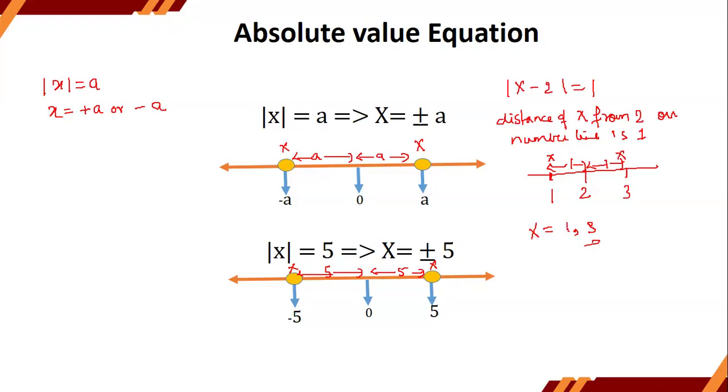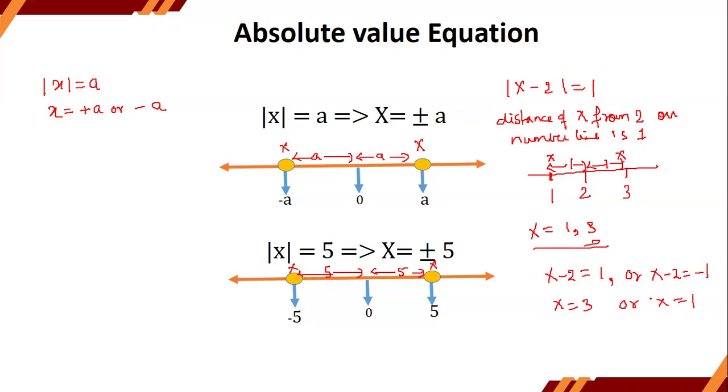Though we know the formula, if we solve this using the formula I mentioned here, x minus 2 is equal to +1, or x minus 2 is equal to -1. So this gives us x is equal to 3, or x is equal to 1.